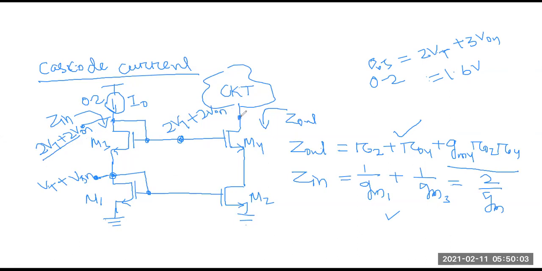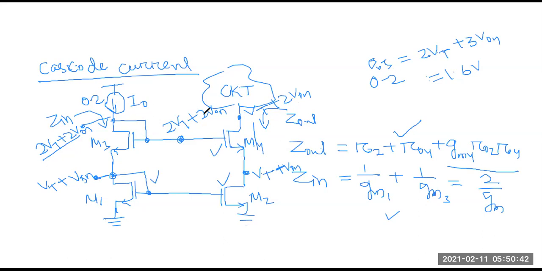So this point can be 1 VT less, which means VT plus 2 V on. So this drain point is VT plus 2 V on, while for a perfect current mirror it should be VT plus V on. The rest of the V on will be here. So everything will be in saturation. A minimum of V on is required for saturation. This will be in saturation, this will be in saturation, this will be in saturation. Everything is in saturation, it's fine.